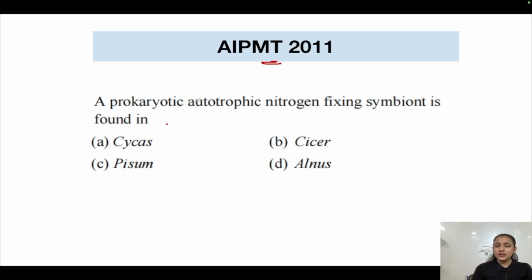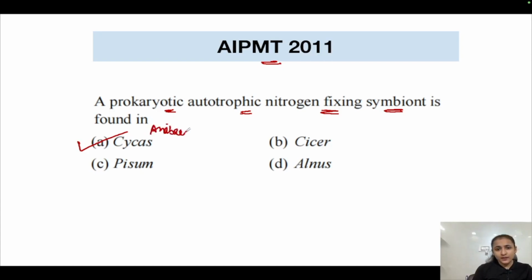Okay, so these blue green algae are prokaryotic, autotrophic, and help in nitrogen fixation. They convert the atmospheric nitrogen into a form which can be easily utilized by the plant. So in this way it is benefiting the plant and in turn the plant is providing shelter to these cyanobacteria. This is a symbiont because it shows a mutualistic and symbiotic relationship with the plant. So this is found in Cycas which is a gymnosperm. And in Cycas the nitrogen fixing symbiont commonly seen is Anabaena cycadae.